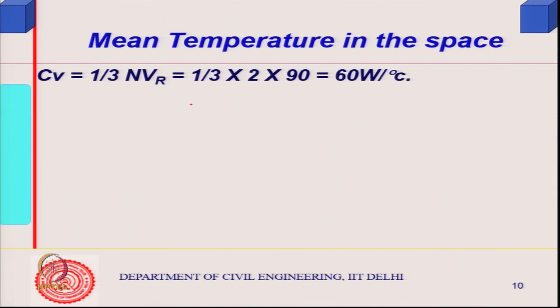So, CV is 1/3 N V R, so 1/3 into 2 into the volume of the room, which is 90.